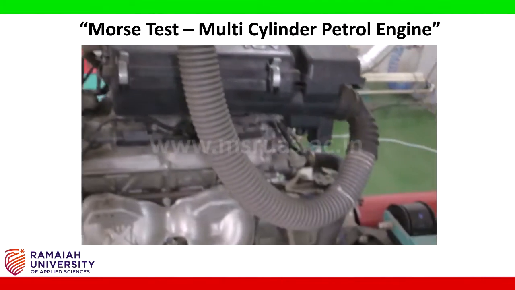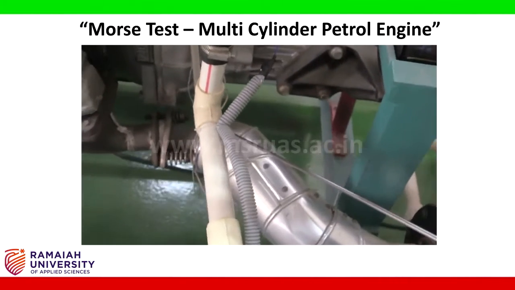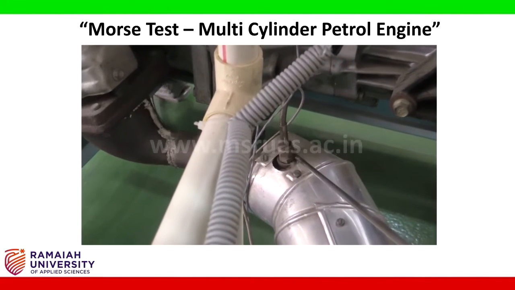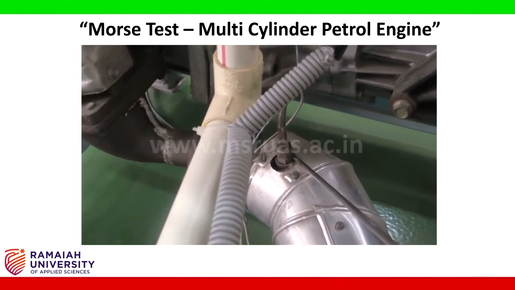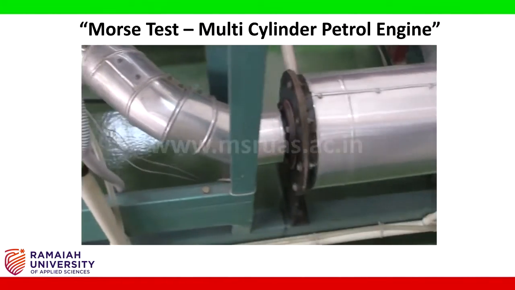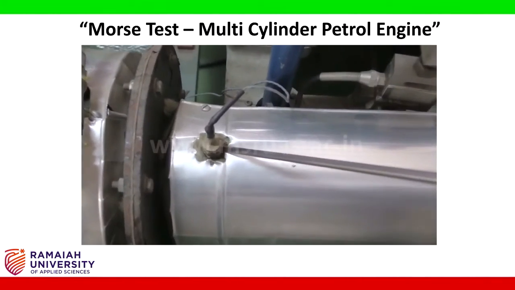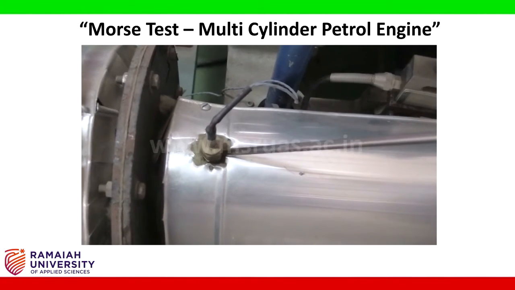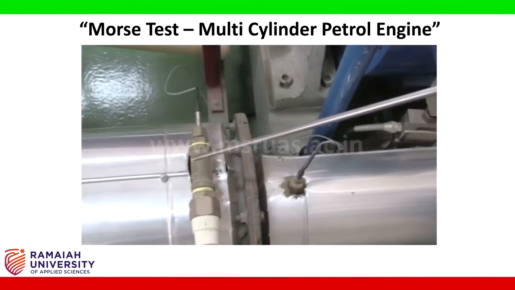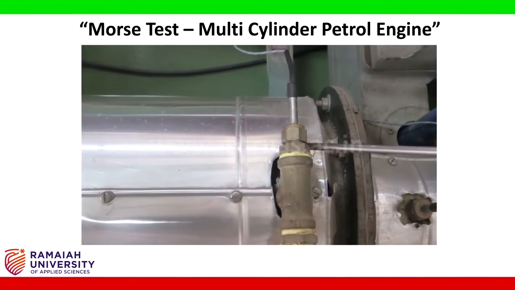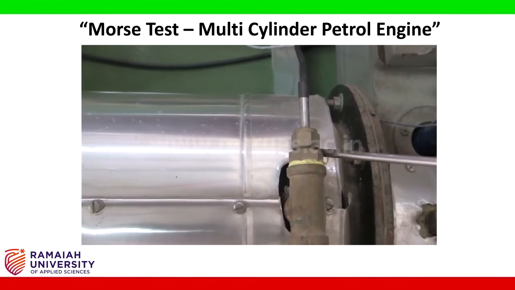Then this is the thermocouple which is used to measure the exhaust gas temperature from the engine. Then this is the thermocouple which is used to measure the exhaust gas temperature from the calorimeter, and this is the thermocouple which is used to measure the water outlet temperature from the calorimeter.